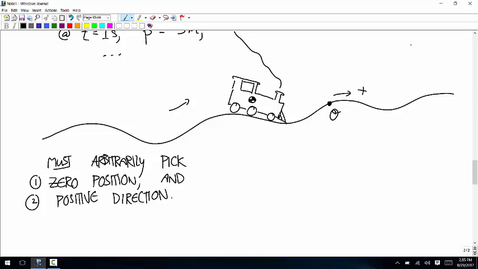Okay, so we have that zero position and the positive direction. Now I'm going to count back meters. I'm going to measure how far it is from the zero to the center of mass of the train. So let's say that's 1, 2, 3, 4. I don't know, that's a small train. So we know that along this path, it's 4 meters from the 0 to here.